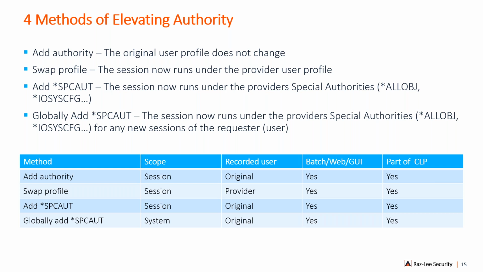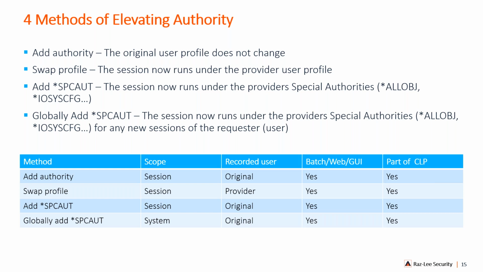So let's look into add authority. What is special in the add authority method? The original user profile does not change. In the swap profile, the session runs under the provider user profile. In add special authority, the session runs with the provider's special authority. It takes the special authority from the provider.